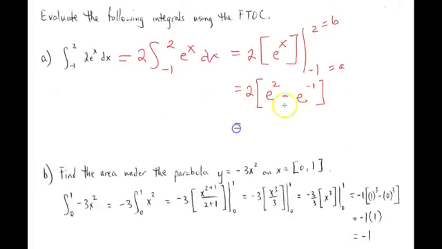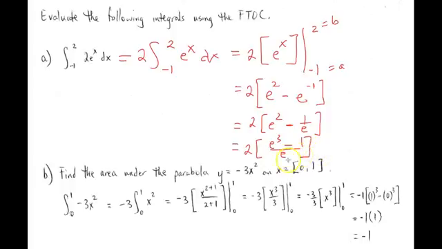And of course, from here, it's just a matter of how you want to try to simplify this. I'll just say e squared over 1 over e. And then from this point, we can just say 2 times e cubed minus 1 over e. And we can just leave it like that.